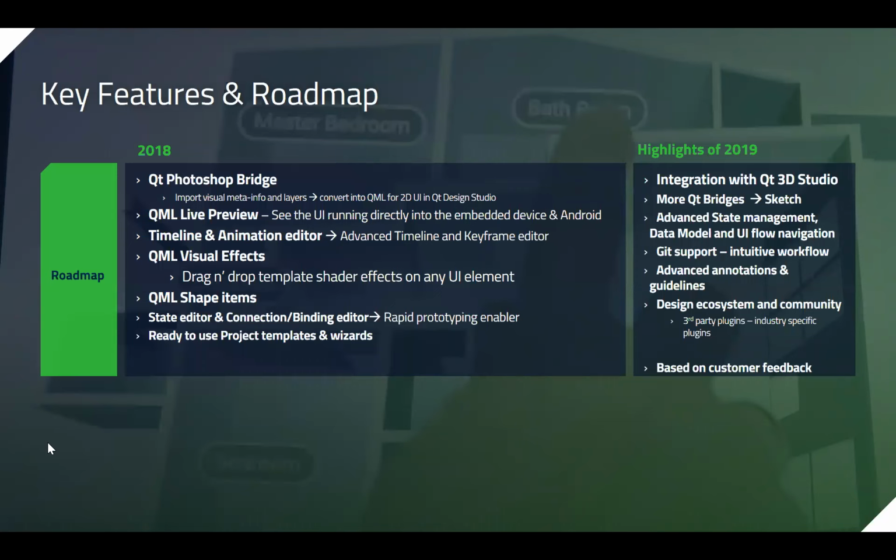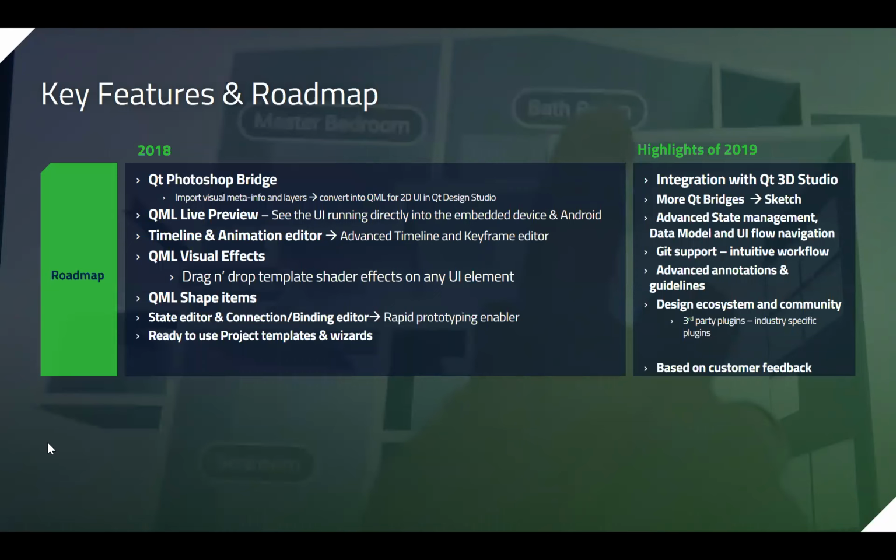In the Qt Design Studio there is a QML live preview, either on your machine or on your target, so you can see what's happening. There is a timeline and animation editor, so everything you have seen with the needles, and charts created, is also inside. It comes with some built-in visual effects, such as drag and drop template shaders on your UI elements.